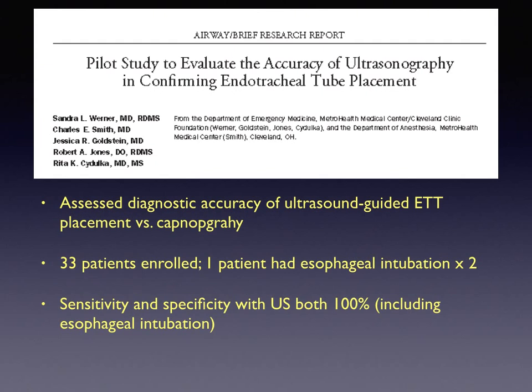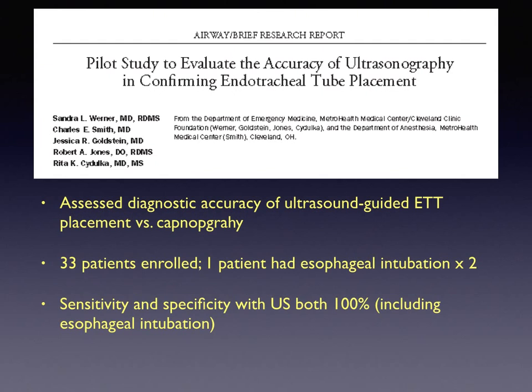The accuracy of ultrasonography in detecting successful endotracheal tube placement has been studied in the literature. Werner and her colleagues performed a prospective, randomized controlled trial looking at 33 patients undergoing elective surgery. During the intubations, an anesthesiologist placed the endotracheal tube in either the esophagus or trachea randomly. 2 emergency medicine physicians, blinded, performed an ultrasound to locate the endotracheal tube.